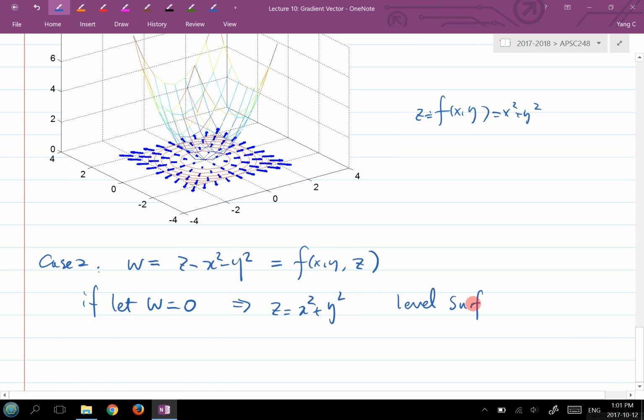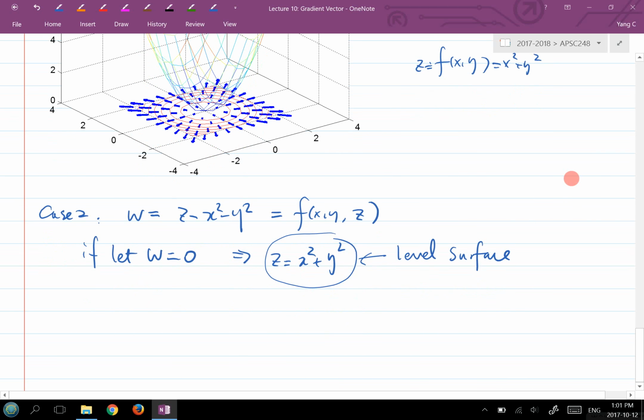If you let w equal to 0, you get this guy here, one level surface for this function of three variables. If you let w equal 1, you get another level surface, with a constant w along the surface. You can try to visualize it through level surfaces, but you can't sketch it directly.